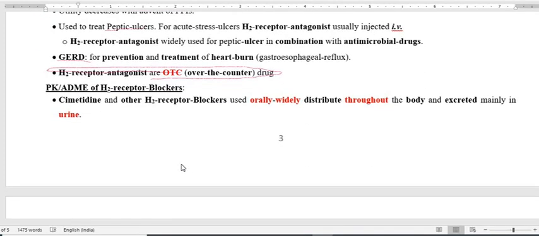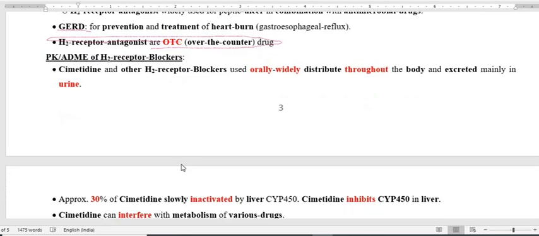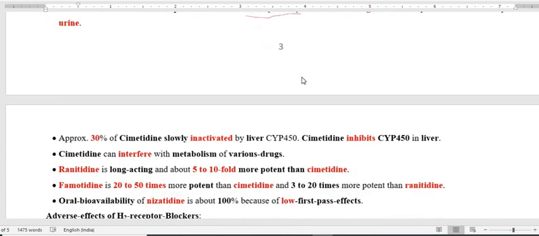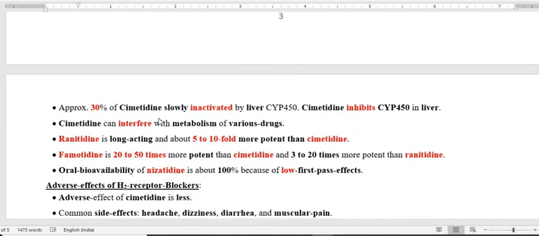Regarding the pharmacokinetic properties of these blockers, they are well absorbed orally throughout the body. Regarding metabolism, particularly of cimetidine, about 30% of cimetidine gets metabolized through the first pass effect in the liver by cytochrome P450. This is very important, and it reduces its bioavailability.